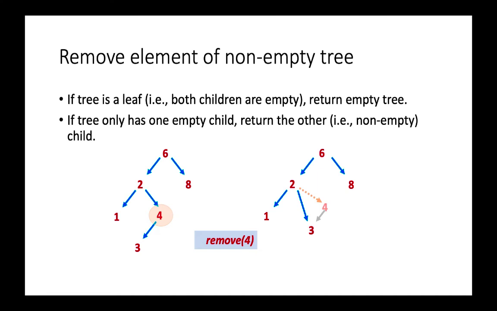We're at that 4, doing the recursive call, remove 4 there, and at that point, if you are a leaf, or a node that has one side that's empty, it's an easy removal. Because if you're a leaf, if you have no children, then removing here just turns into an empty tree. And you just return an empty tree. Oh, you removed me, I have no children, I have no reason to exist, I'm an empty tree.